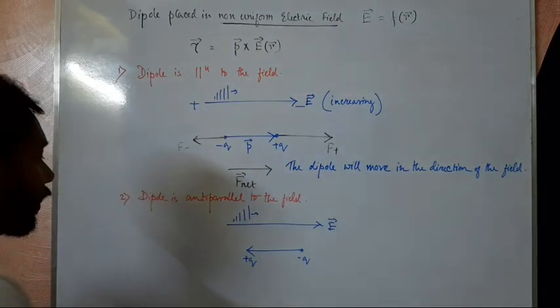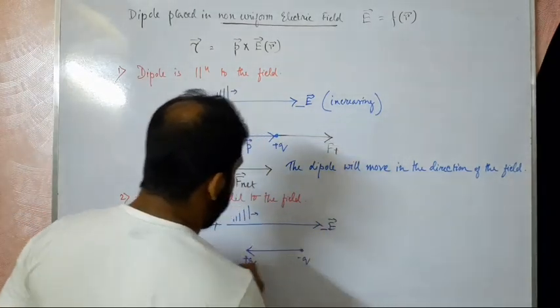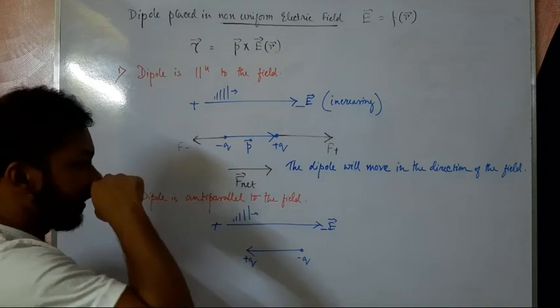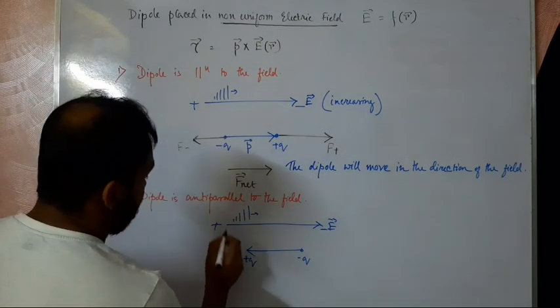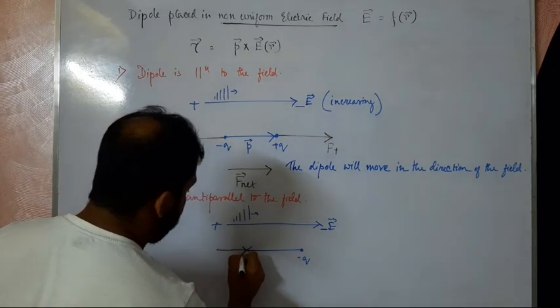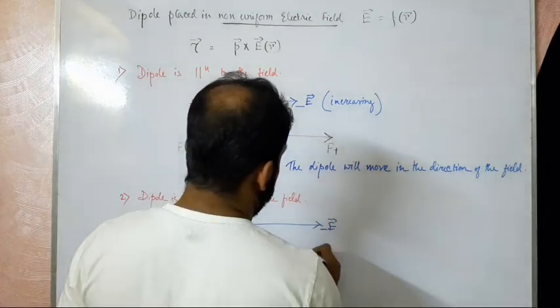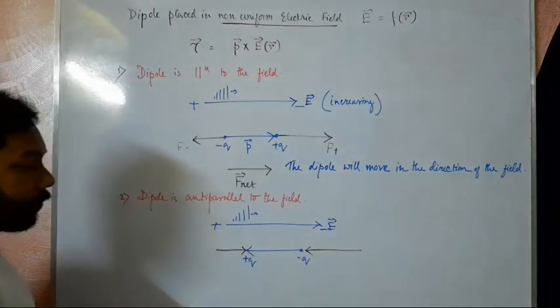What will be the direction of the forces that it will experience? It is a positive and this is the negative. Here is the positive repulsion and negative repulsion is there. So the repulsion, as the strength of the electric field is lower, is also lower in this direction, and here due to greater electric field there is a greater repulsion on the negative charges.